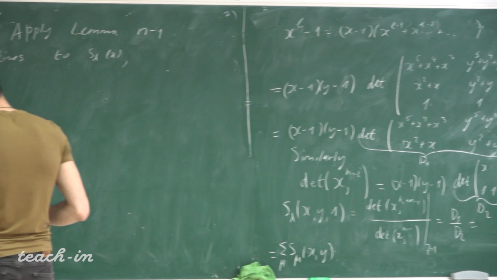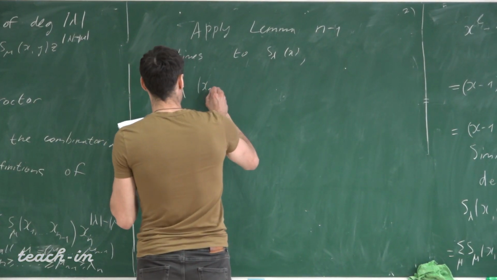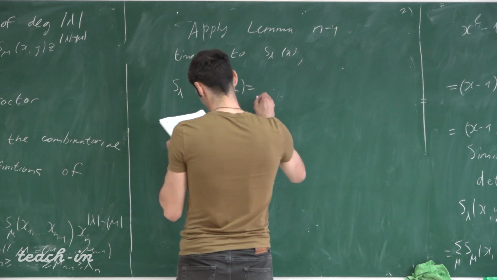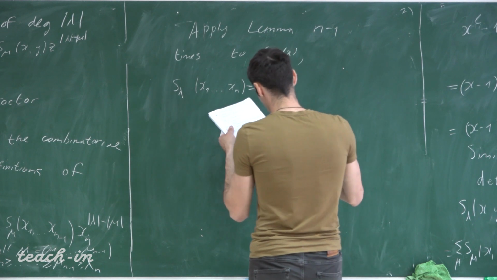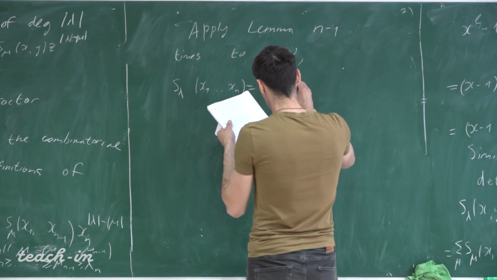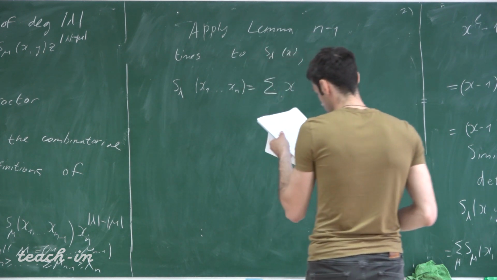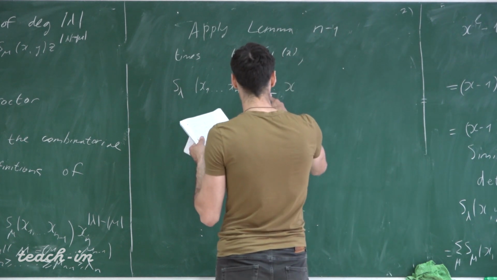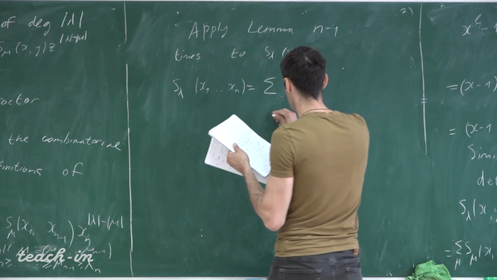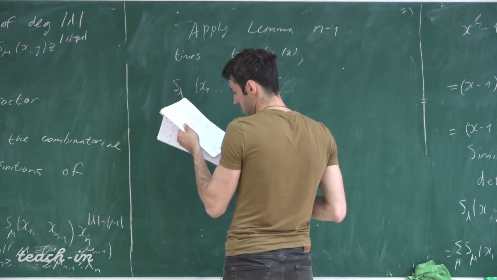Okay, so what is then? You have S lambda of x1 to xn equals a sum over something that I will need to specify. But what's on top I also need to specify. Okay, so first of all, over which set this sum is.